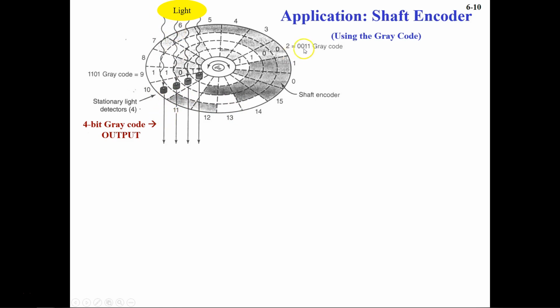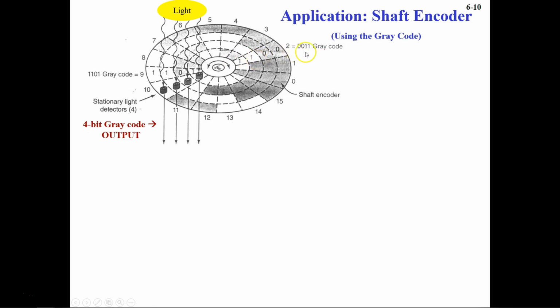Okay, so let's see this particular segment. This is segment 2, which says 0011. You can see that these are the two lightly shaded areas, and these are the two dark ones. In the dark ones, the light cannot pass through to the detectors, so these two will be 0, whereas in these two locations the light has passed, and that's why they are put as 1.